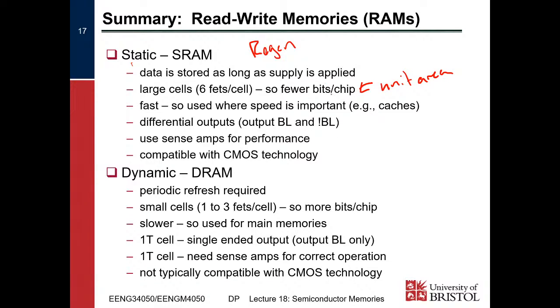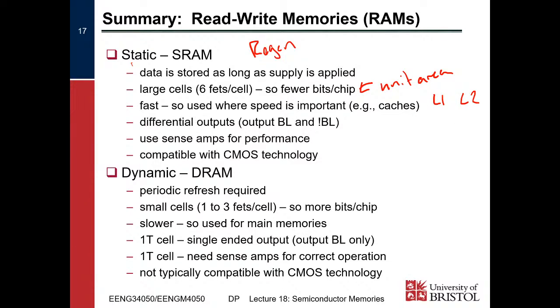Right, so a chip could be considered your unit area, but whatever your unit of area is, you get fewer bits per that unit area. They're very, very fast. It's not quite so hard to read from them or to write to them. They're much faster, so we use them where speed is important, so that'll be your L1 and your L2 cache.